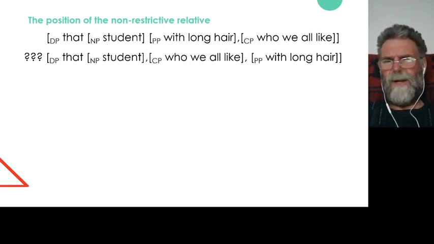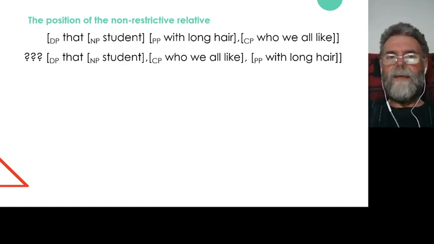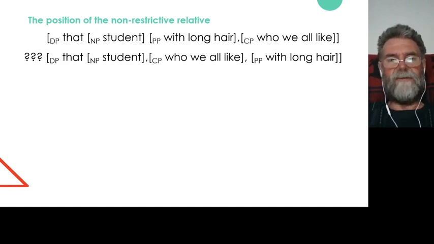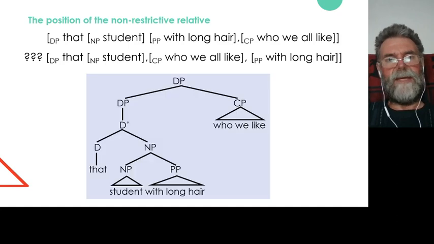That sounds far more clumsy and not so flowing as the first one, that student with long hair who we all like. That would indicate then that the relative clause is actually adjoined in a different position to the prepositional phrase modifier. Given the prepositional phrase modifier is adjoined to the NP, then we're left with the choice of the relative clause being adjoined to the DP.